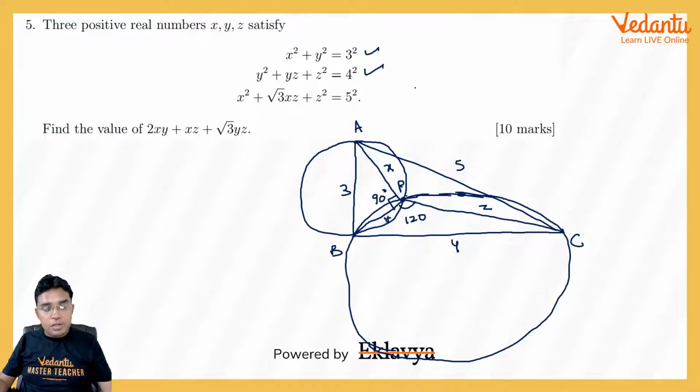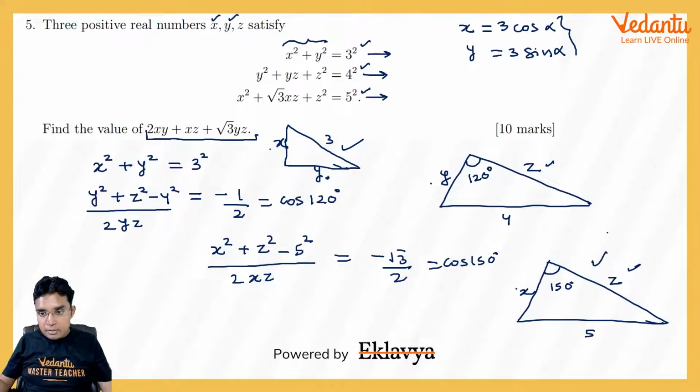My second relation is also satisfied because the angle opposite to 4 is 120 and the two sides are y and z. Now the remaining angle will be 150 degrees, you can check. So the third relation is also satisfied by x and z, and opposite to side 5 the angle is 150 degrees, as I was saying in these three triangles.